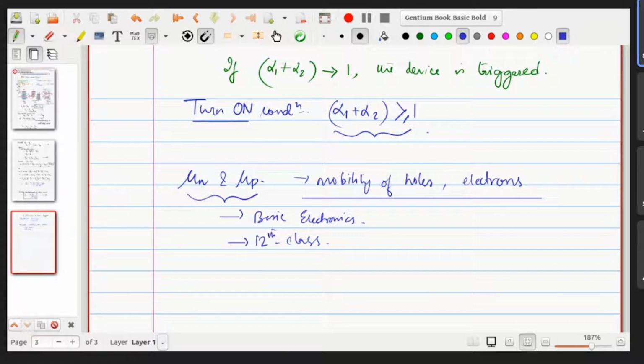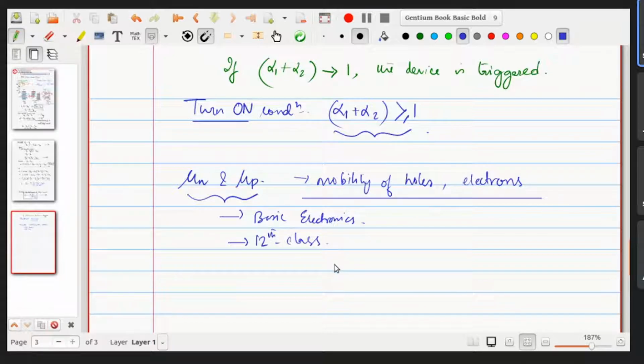That provides the required condition for the breakover. That can be obtained by increasing the voltage across the device to the breakover voltage.